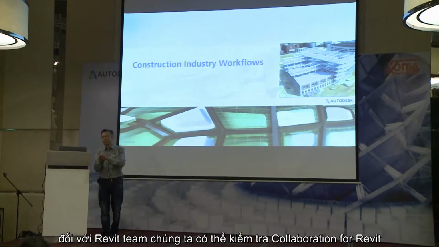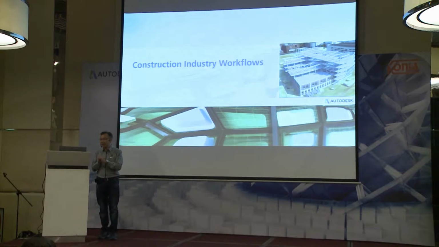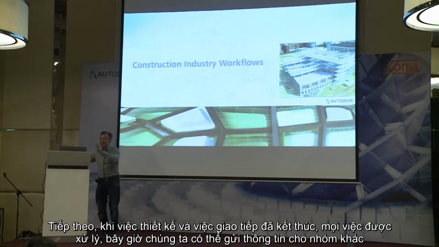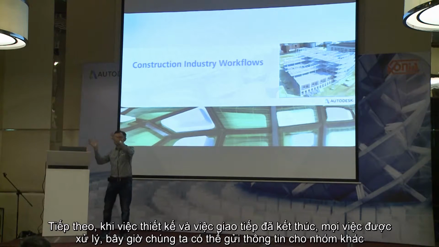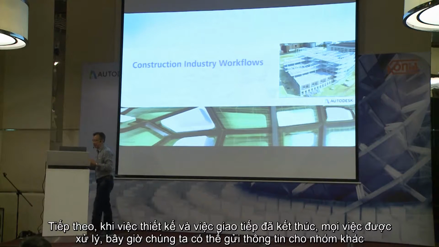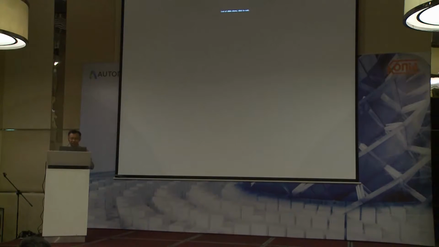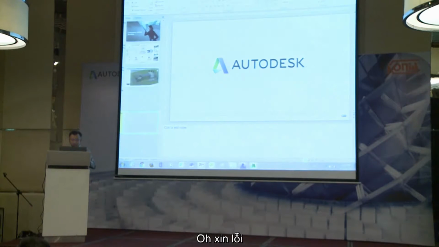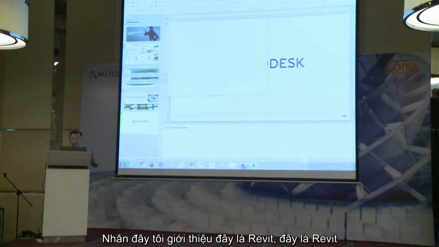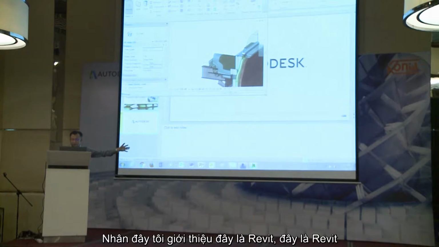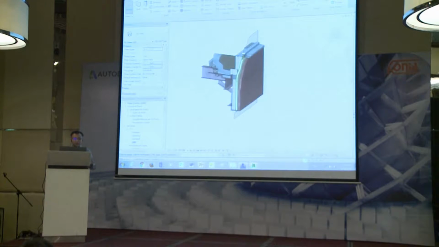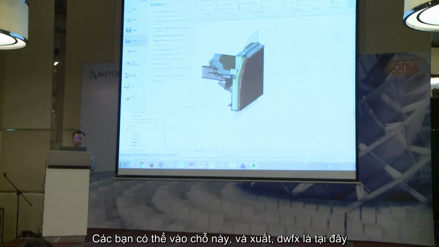For the Revit team, we can check at the collaboration for it. Next, the design is already done, the communication already finished, everything settled. Now we send the information to another team. Oh, sorry. Oh, by the way, this is the Revit. We can go to this one and export.